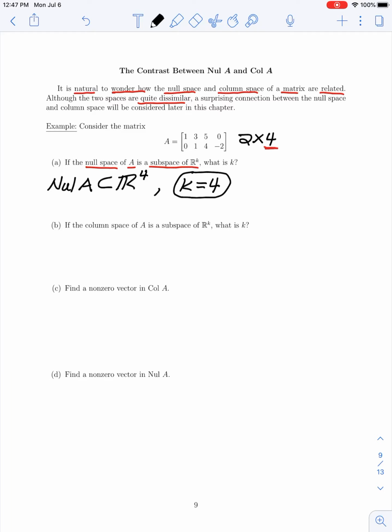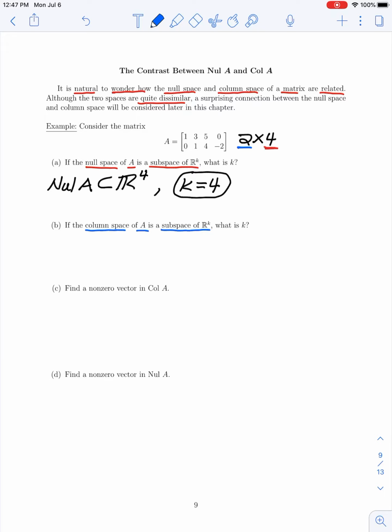Now in part B, we are asked if the column space of this matrix A is considered as a subspace of Rk, what is the value of K there? So recall that the column space is the space spanned by the columns of the matrix A. And since this is a 2x4 matrix, that means that each column has 2 rows.